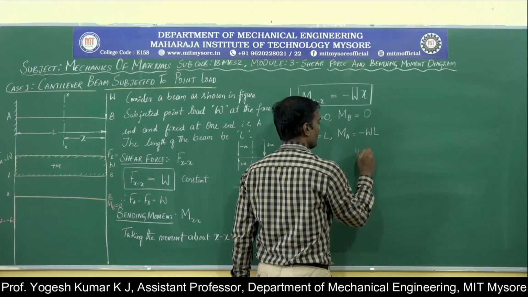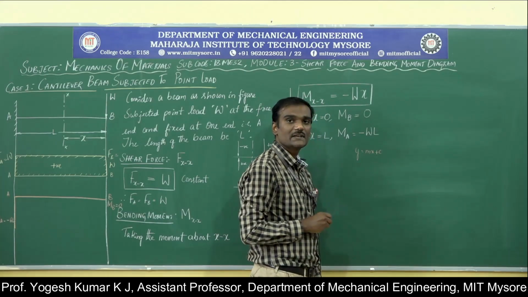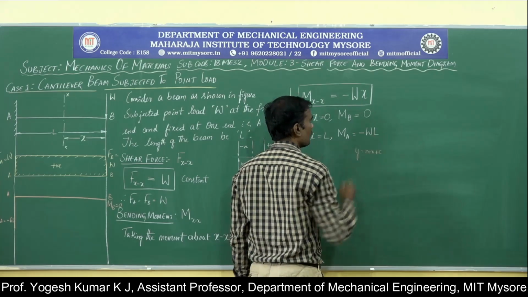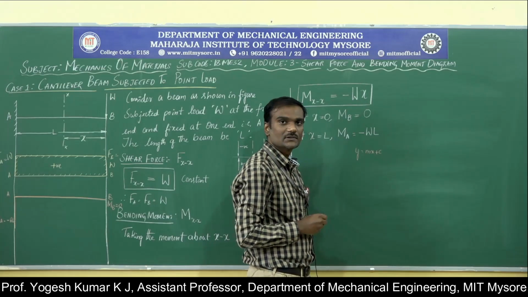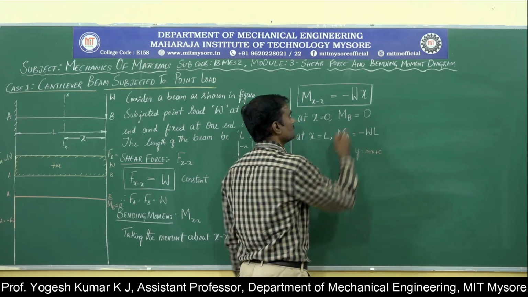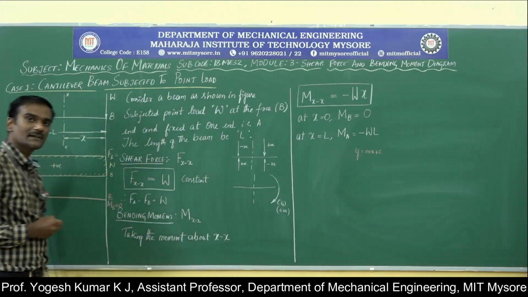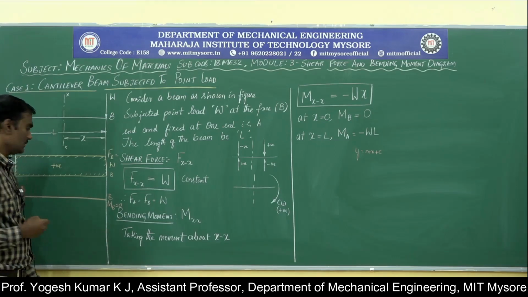From our mathematics, we have the equation of a line as mx plus c, which gives us a straight line, where m is the slope. What is the order of x? It is the first order. So once the equation is of first order, we can call it a linear curve, a linear line, or a straight line.